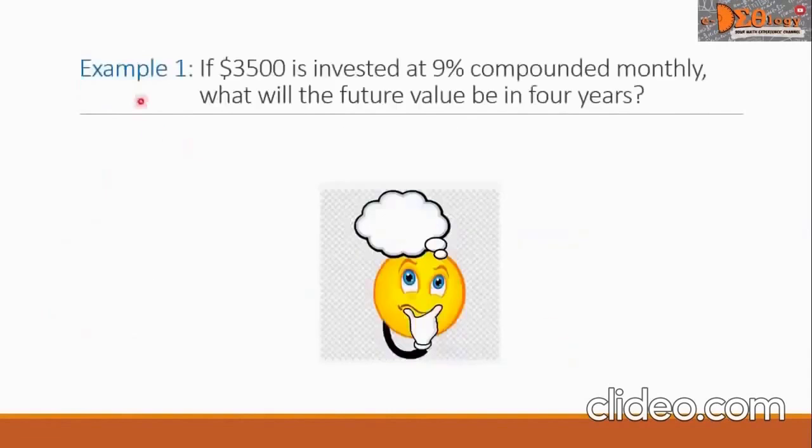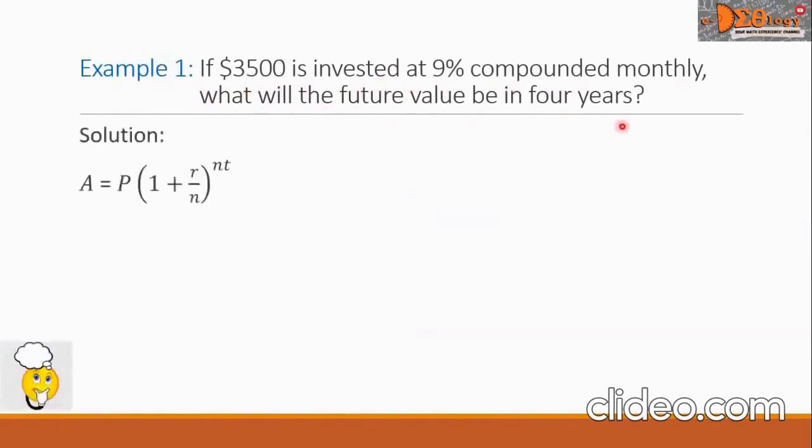Let us see example 1. If $3,500 is invested at 9% compounded monthly, what will the future value be in 4 years? First, let us write our formula, and it's now written here.